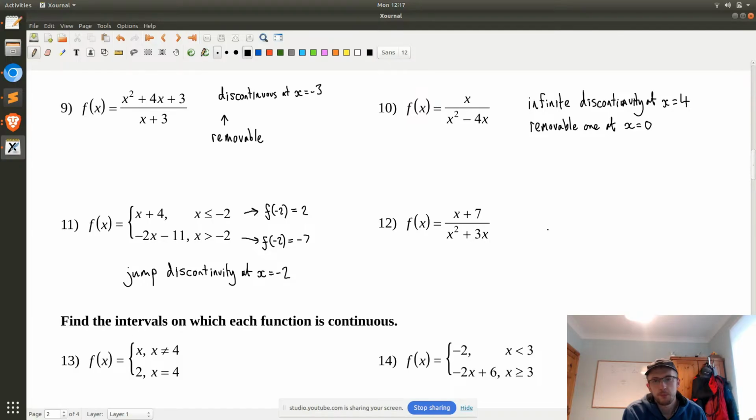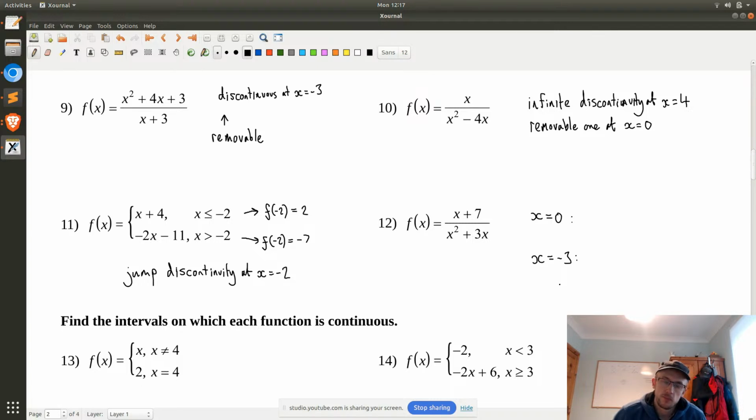The points of interest are x equals 0 and x equals -3. And at x equals 0, it's clearly undefined, right?